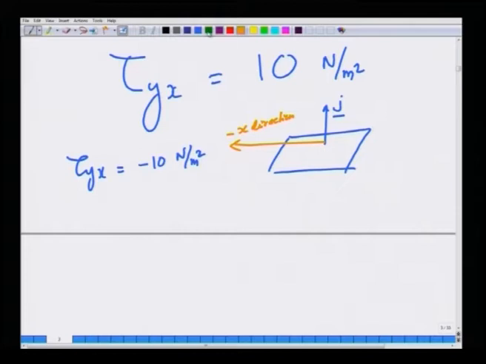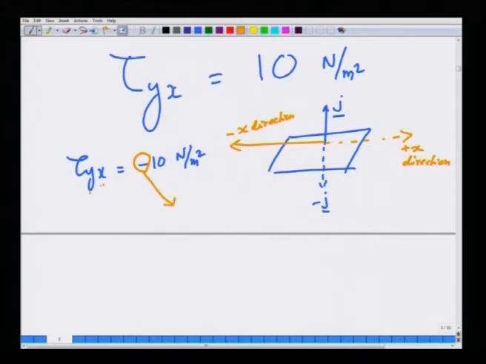Or vice versa, if you consider the unit normal in the minus j direction, then the force is in the plus x direction, while the magnitude remains 10.